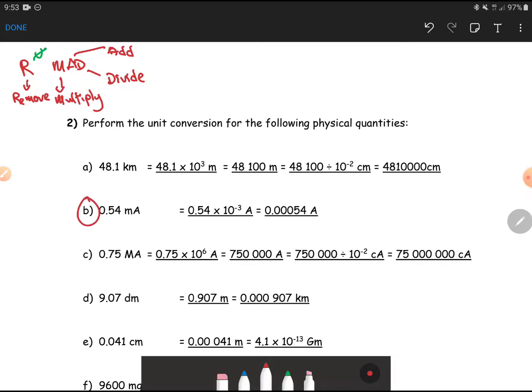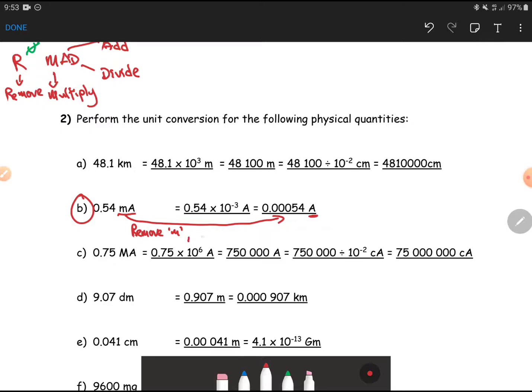So for question B, what you see over here, we want to change milliampere to ampere, all right? So from here to here, we are actually removing the prefix M. So as you can see from the above RUMAD, when we remove, we will multiply by the value of M. And milli is actually times 10 to the power of negative 3.